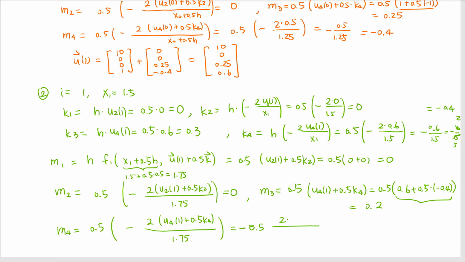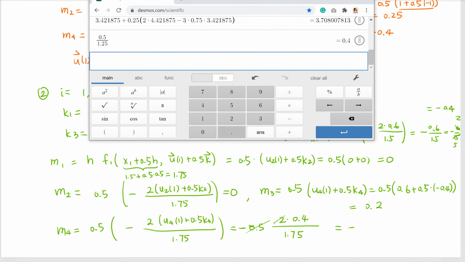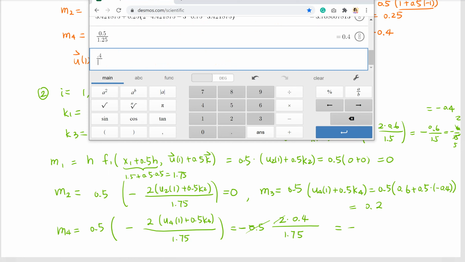So 0.5 times minus 0.4 is minus 0.2. 0.6 minus 0.2 is 0.4. So this is 0.4 over 1.75. 2 times 0.5 is gone. So this is the same as saying 0.4 over 1.75 and negative.